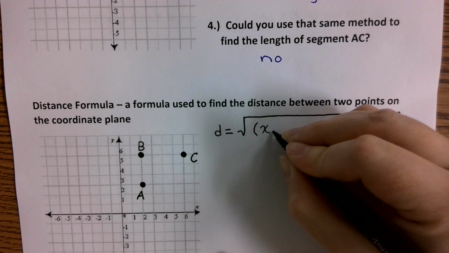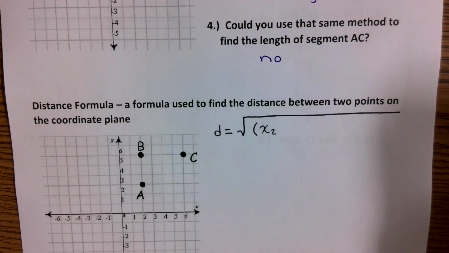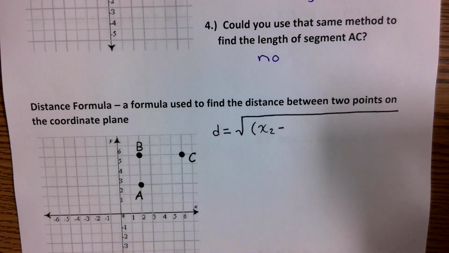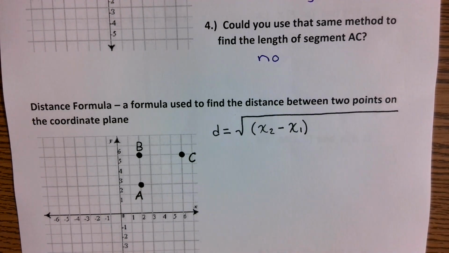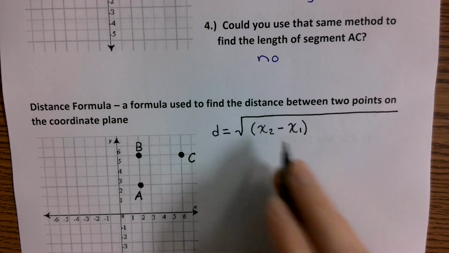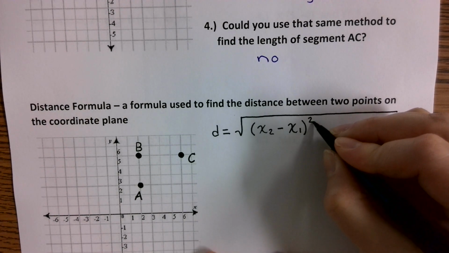Remember we used to talk about x2 and x1s and y2s and y1s when we were doing slope. You're taking the difference of your x's. It doesn't matter which point is x2 and which point is x1. You're just taking your 2 x values and subtracting them, and then you're going to square them.